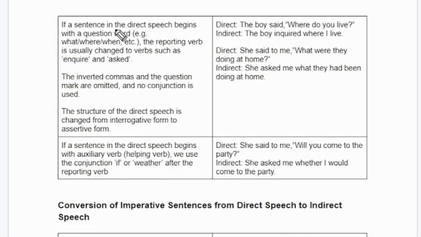If a sentence in the indirect speech begins with a question word, that is what, where, when, etc., the reporting verb is usually changed to verbs such as inquire and ask.